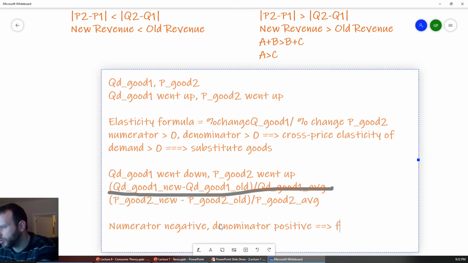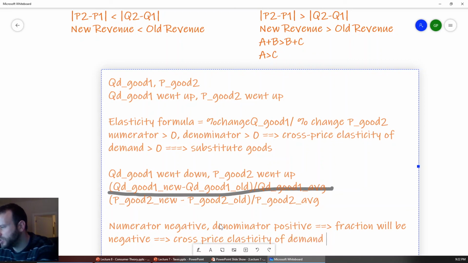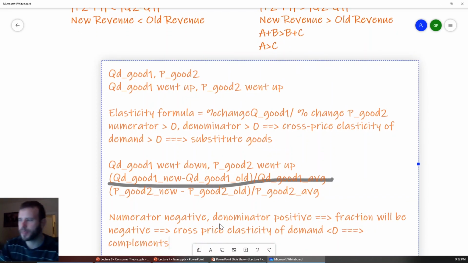What does that mean? It means the fraction will be negative, which means that cross price elasticity of demand is going to be less than 0, aka, what does that say? It means we have complements. Think about it again logically, right?